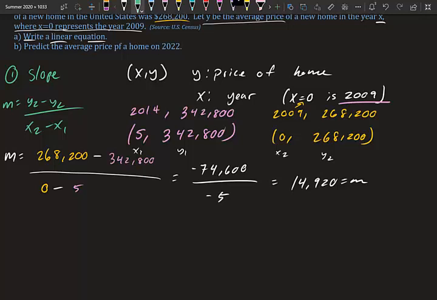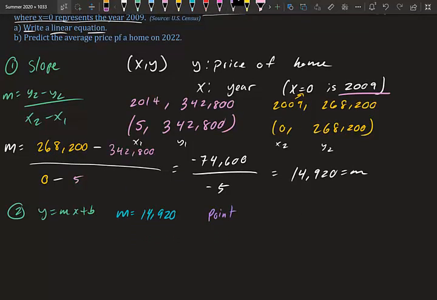Alright, our second step, just like before, so we're given 14,920 as m, and we pick a point. I'm going to use (0, 268,200) because it's smaller. Let's plug it in.